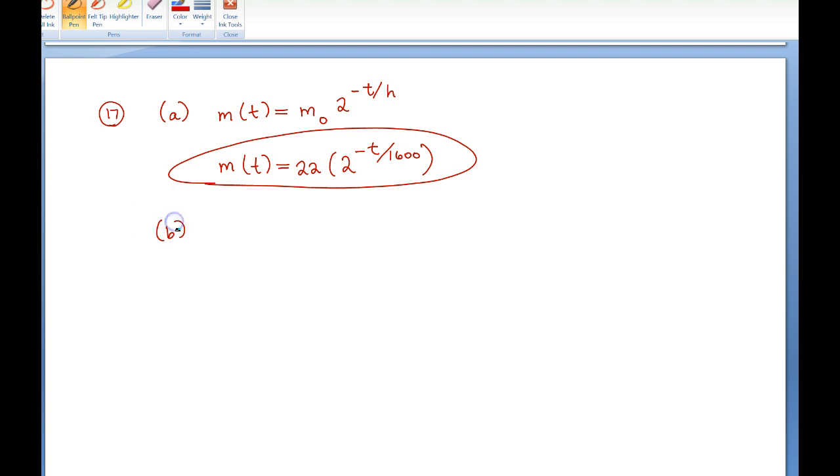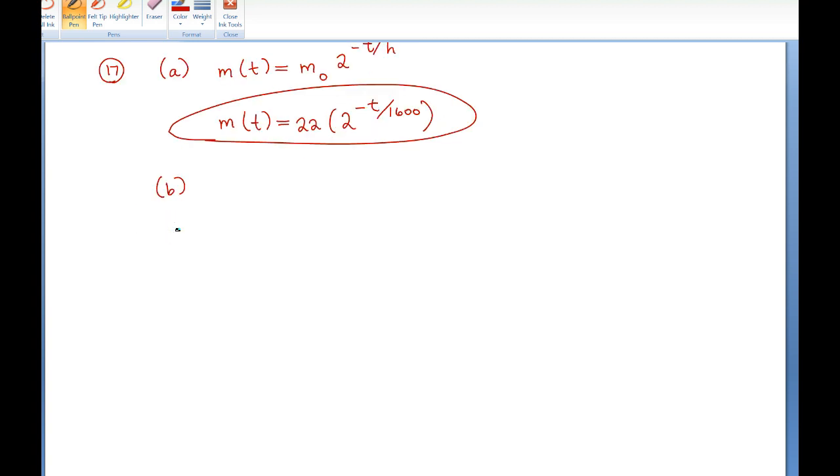Okay, for part B, now we want to find a model, but using the one with e, so it looks like this. It's m sub 0 e to the negative rt. So we have, again, the half-life.